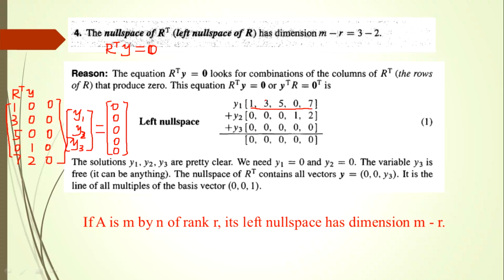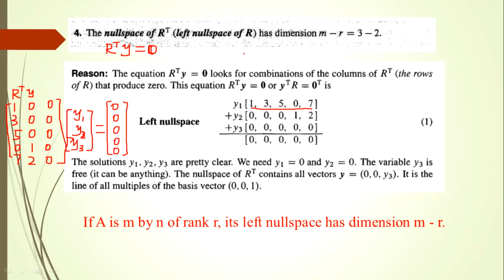It doesn't matter, you can write it as a row, okay? That is R transpose times y. So if you express it in the row, that will be this way.